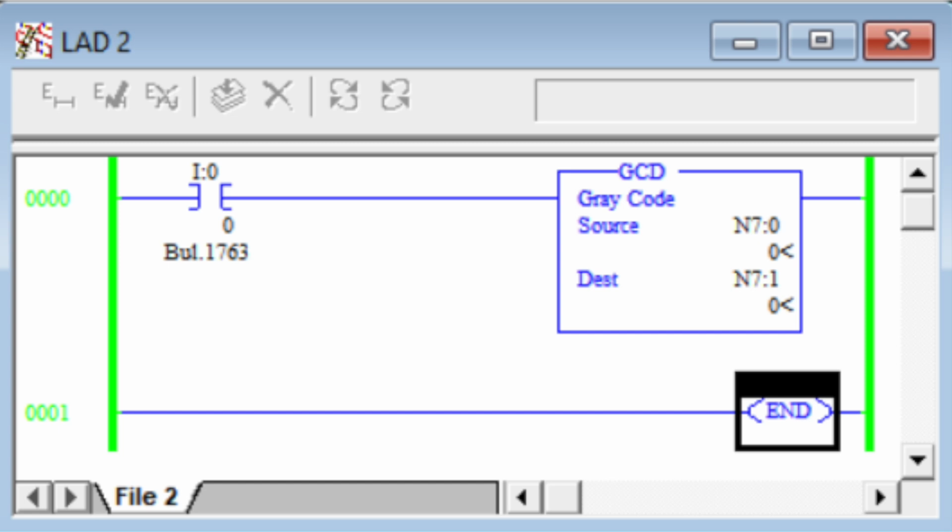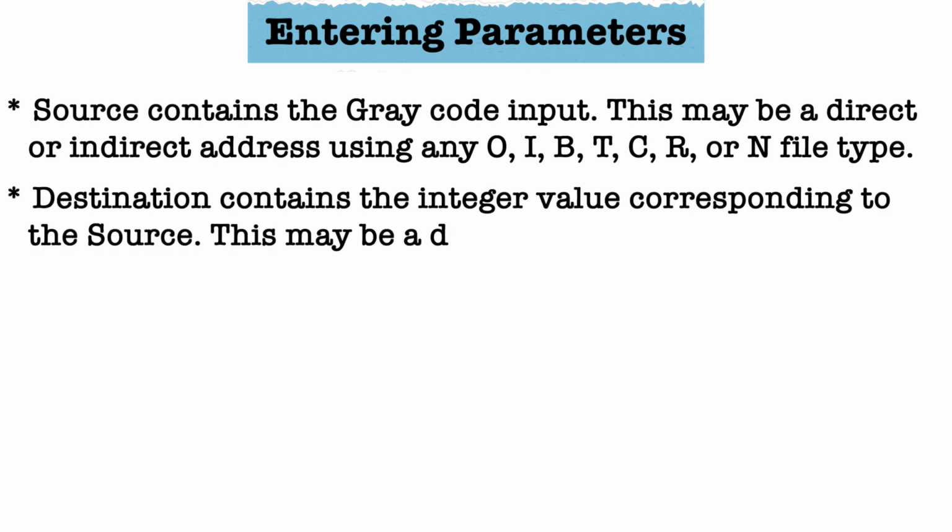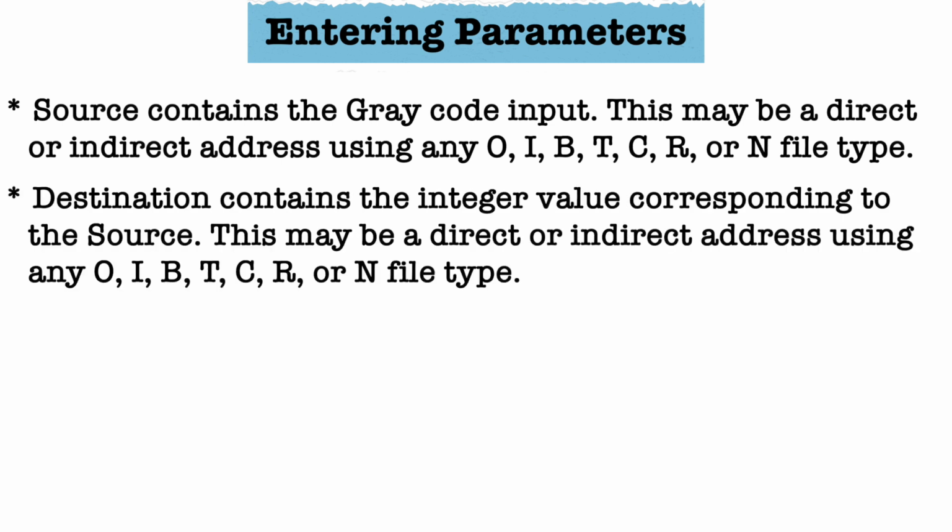The GCD instruction only operates on word operands. Entering parameters: the source contains the gray code input. This may be direct or indirect addressing using any O, I, B, T, C, R or N data files. The destination contains the integer value corresponding to the source.